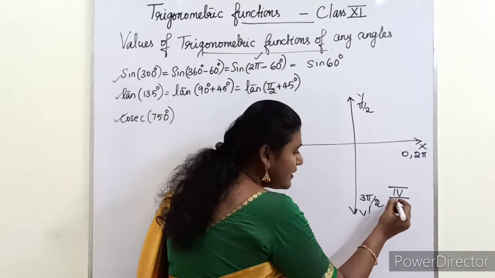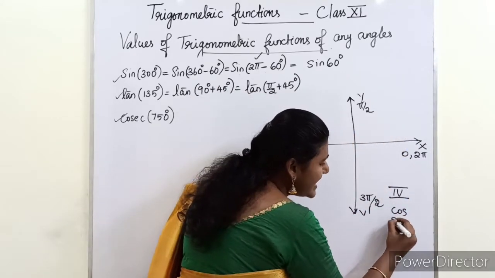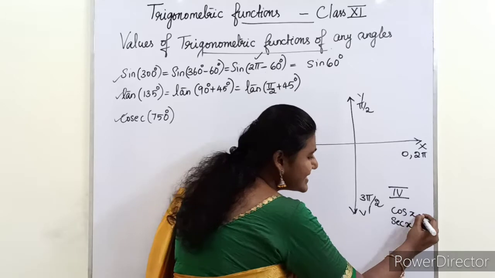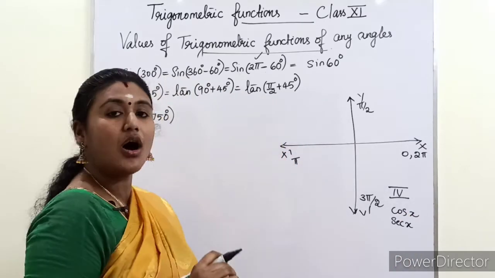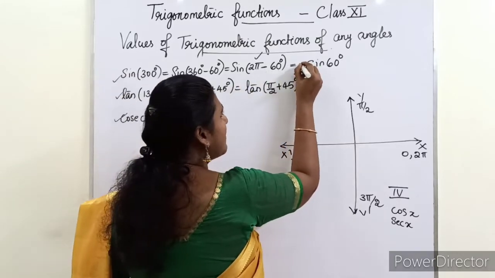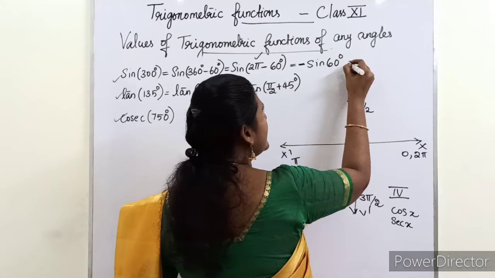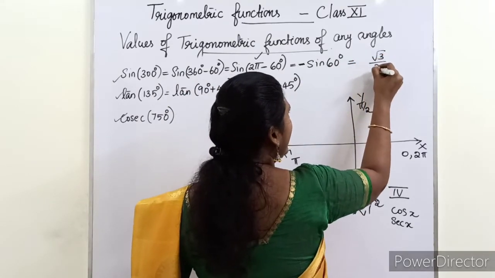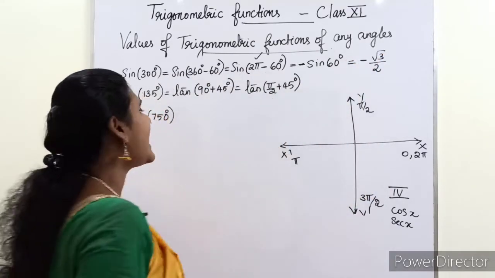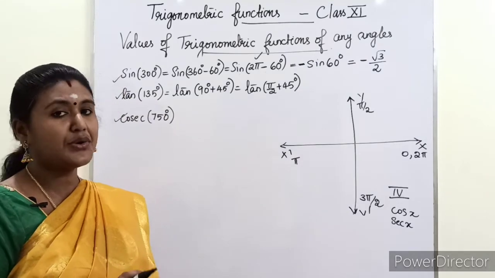In the 4th quadrant, the rule is cos, all, sin, tan, cos, so cos and sec will be positive. So cos x and sec x are positive. All other trigonometric ratios are negative. So what do you have to give here? Minus sin 60. So what is the value of sin 60? Root 3 by 2. So the answer for sin 300 is minus root 3 by 2. So this is how you have to find it.